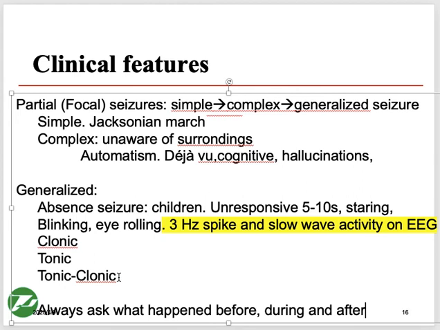So the important thing here, for example, is a patient who came to you and says, doctor, I was standing, and suddenly I felt shaky, I felt sweaty, and then I fell on the ground, and after some time I regained my consciousness and was feeling fresh.